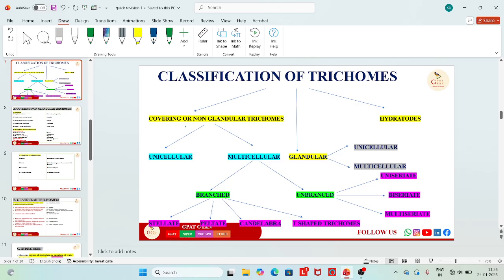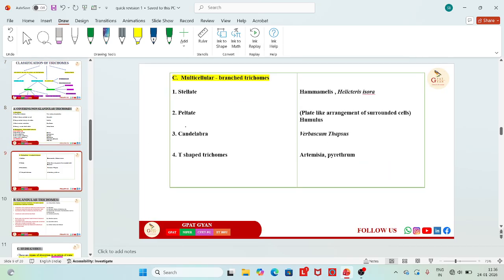The branched trichome is further divided into stellate, peltate, candelabra and T-shaped trichomes. These are the examples: for the stellate, that is the hamamelis, and for the peltate there is plate-like arrangement in humulus. Candelabra is for Verbascum thapsus, and T-shaped trichome is for Artemisia and Pyrethrum.